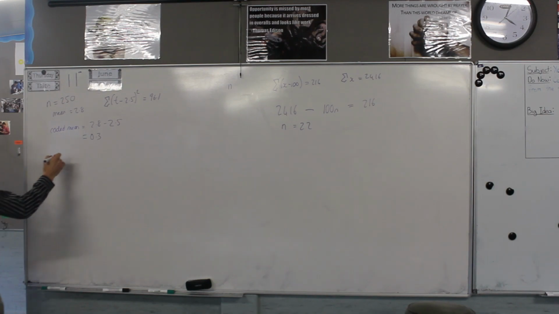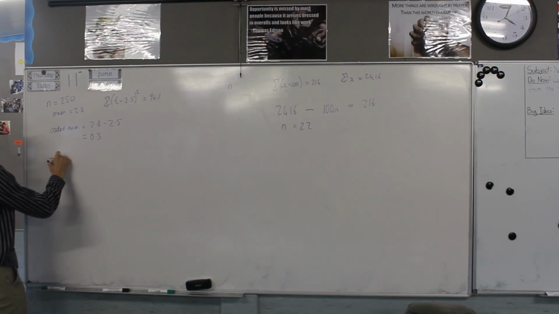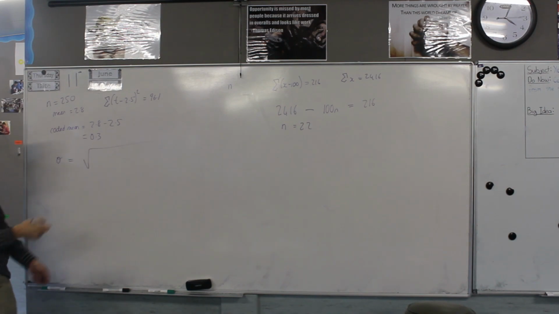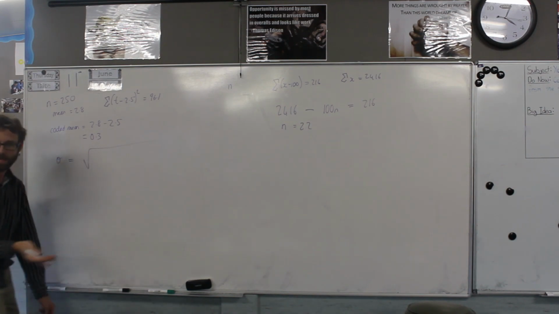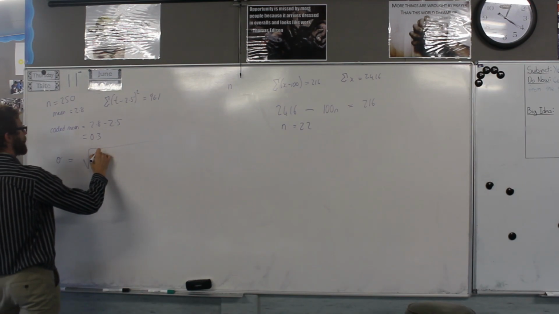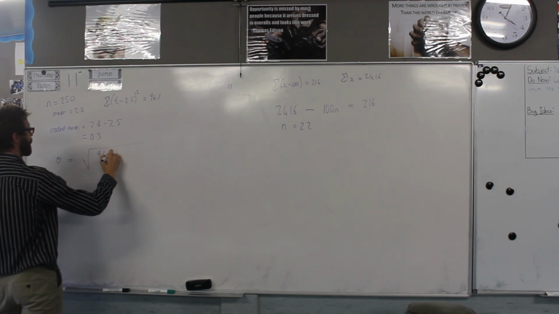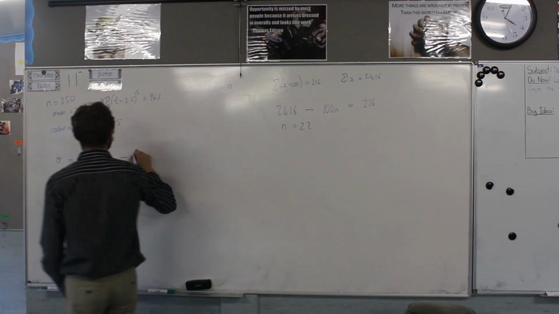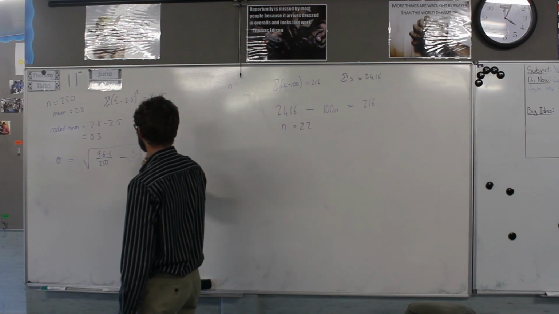Okay, so therefore we can say standard deviation is equal to the square root of, now we're using coded data for this, and that doesn't matter because it's going to be the same as the uncoded. So we're going to have 96.1 divided by 250, subtract 0.3 squared.